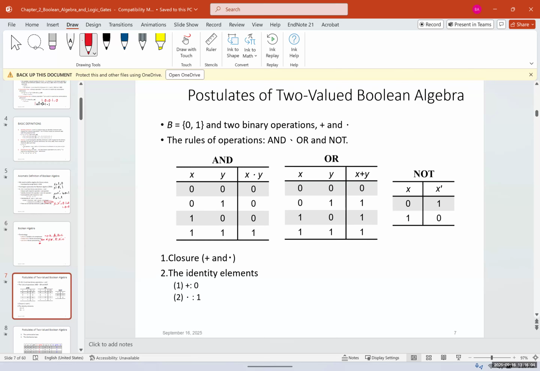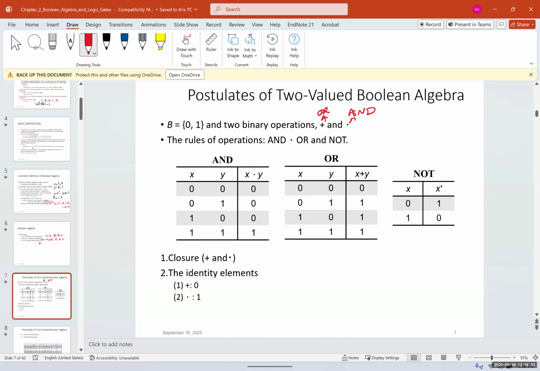Next, we have postulates of two-valued Boolean algebra. If B is equal to 0 and 1, and two binary operations, or, and the and operation, the dot is for and, just a reminder. The rules of operations and, or, and not are as follows, and we mentioned this in the previous class when we mentioned the and, or, and not gate.